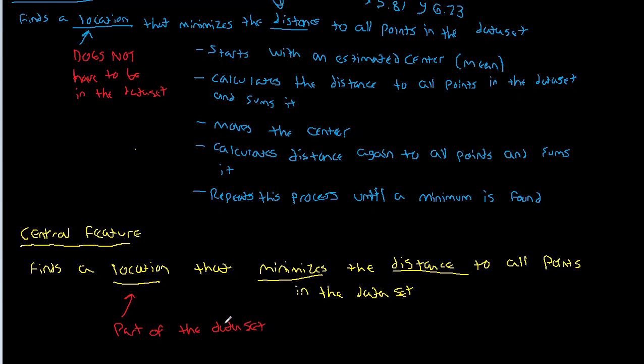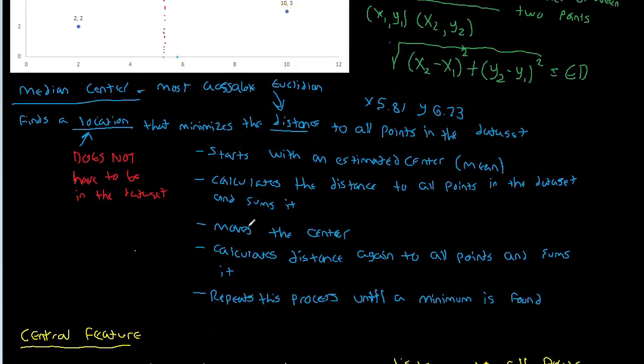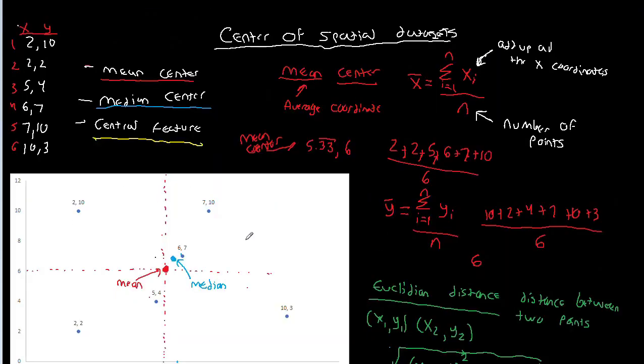Right, and so if we scroll back up to our little set of sample points here, the difference between the median, which is just a theoretical position, and central feature is that central feature is trying to do the same thing that median center did, but it is constrained to one of the 6 options that we have in the data set. So our central feature, the result is going to be one of these 6 points.